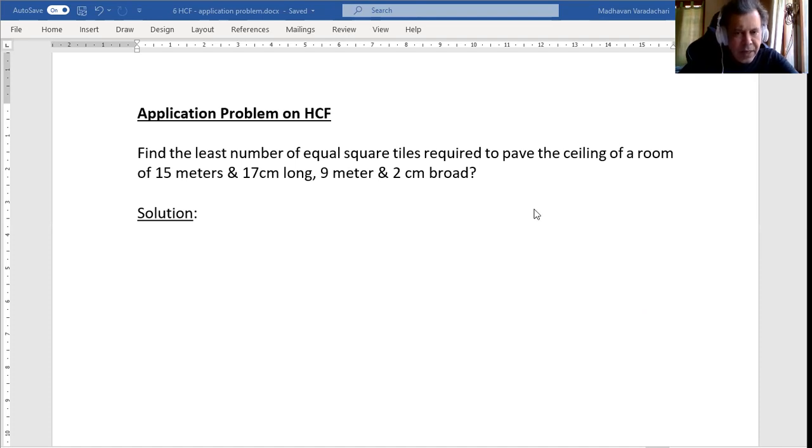First of all, we need to convert these two into the same unit, since meters and centimeters are both given.